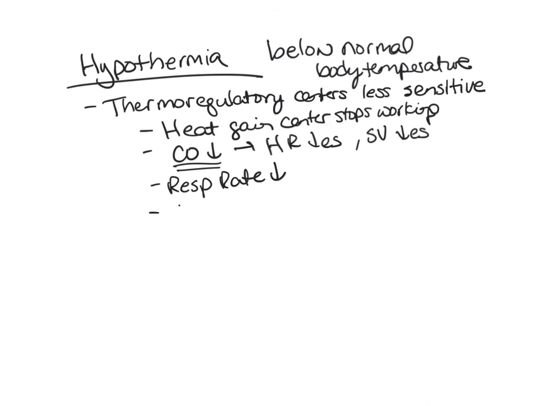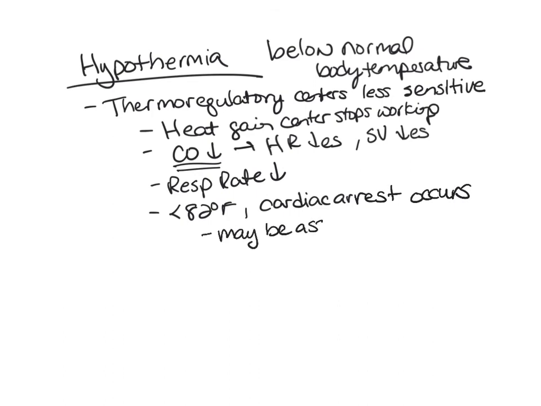If the body temperature gets below 82 degrees Fahrenheit, then cardiac arrest will occur. There's no heart rate, there's no heartbeat, there's no respiratory rate, there's no response to painful stimuli. The person may be assumed dead.